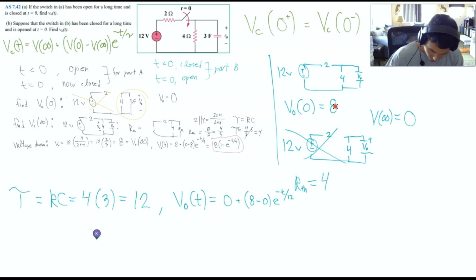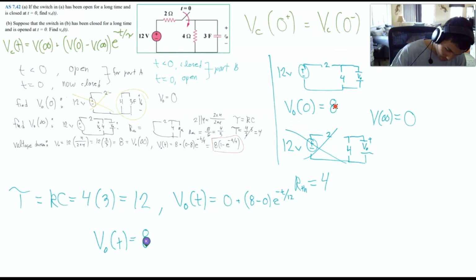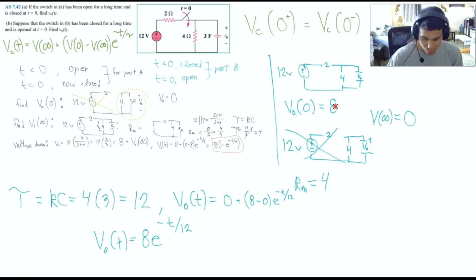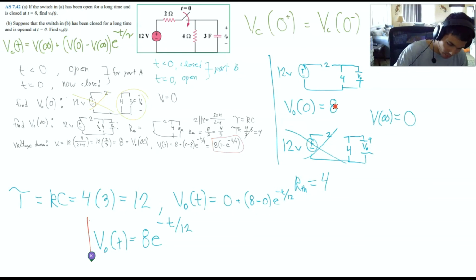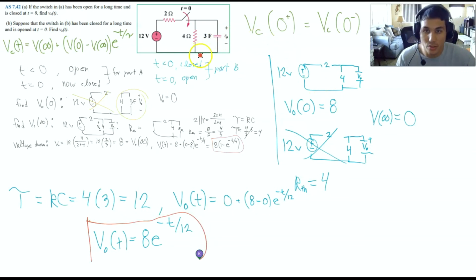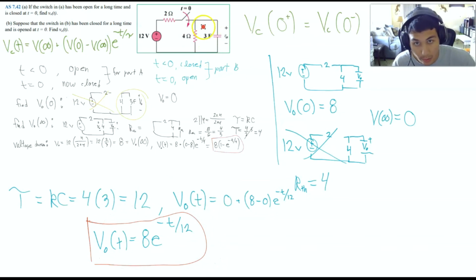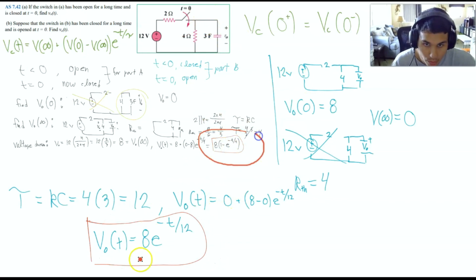And if you want to write it nicer, we can write it like this: 8 e to the negative t over 12. So they're kind of similar equations, but they're actually different, because one describes the voltage that would go on if this was closed, and one describes the voltage that would go on if this was open. So these are your two answers right here.